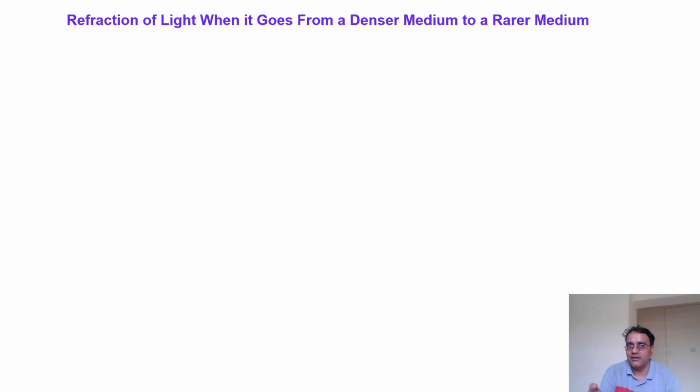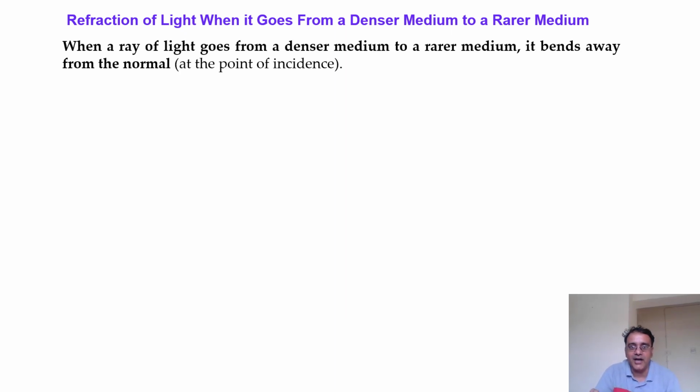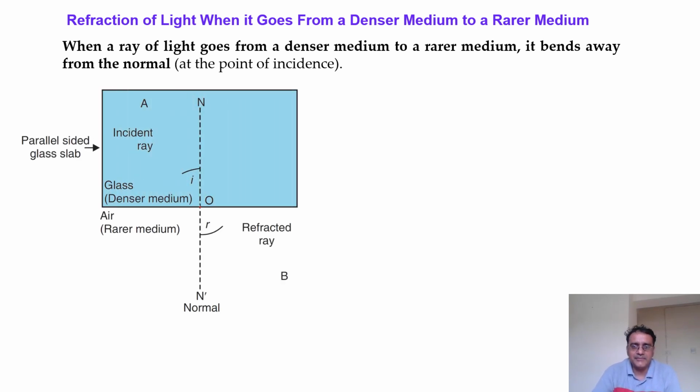So glass से air की तरफ आ रहा है, so it will bend away from the normal. उल्टा होगा, वहाँ पे bends towards the normal था, यहाँ पे bends away from the normal. So when a ray of light goes from denser medium to rarer medium, it bends away from the normal at the point of incidence.